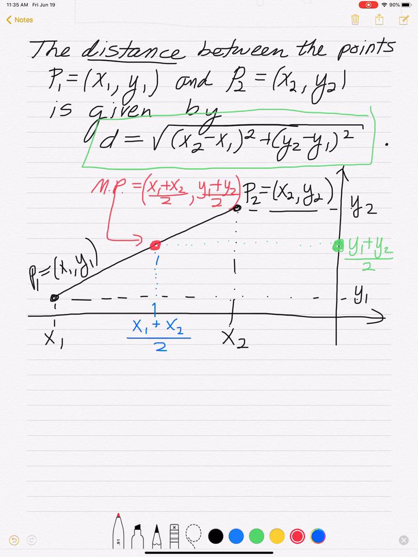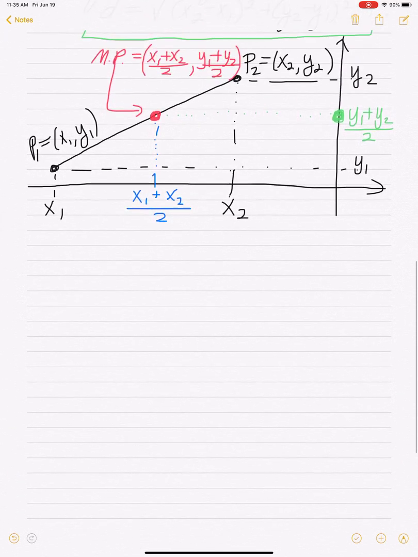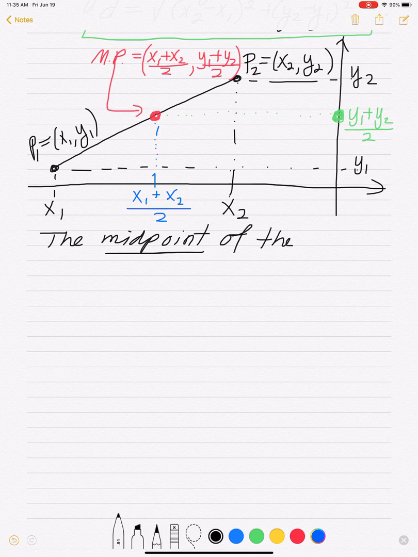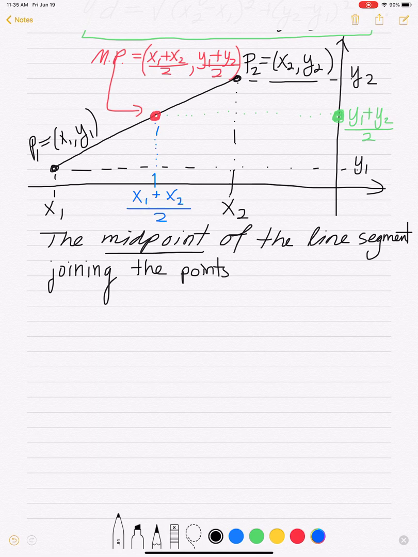So let's write that down formally. Statement, the midpoint of the line segment joining the points P1, which is x1, y1, and P2, which is x2, y2.